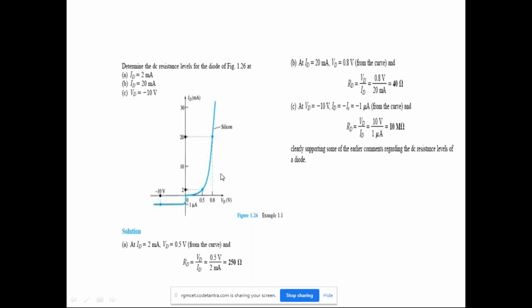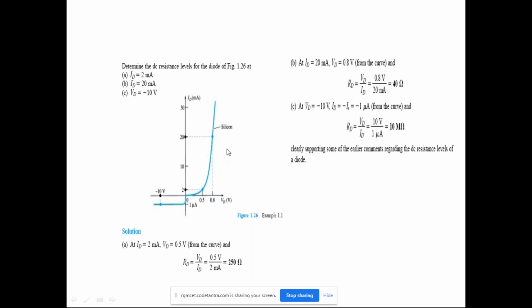What is the conclusion here? In the first case, the diode has just entered forward bias, so the forward resistance RD is equal to 250 ohms. Whenever the diode is completely operated in forward bias at the 20 milliampere range, the diode resistance is 40 ohms. Remember this one.